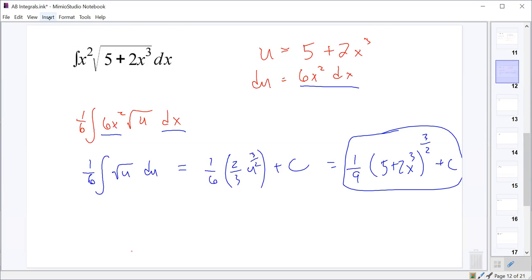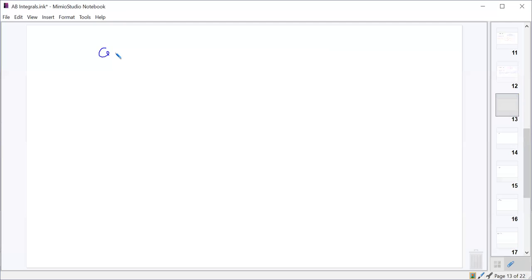Let's integrate just cotangent x dx. First thing you should do is look at your rule sheet.